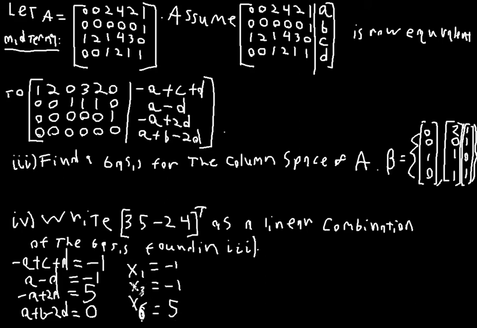So this means that the corresponding linear combination that we get from the solution is just going to be minus 1 times our first basis vector. This minus 1 for x3 is going to give us a minus 1 times our second basis vector.